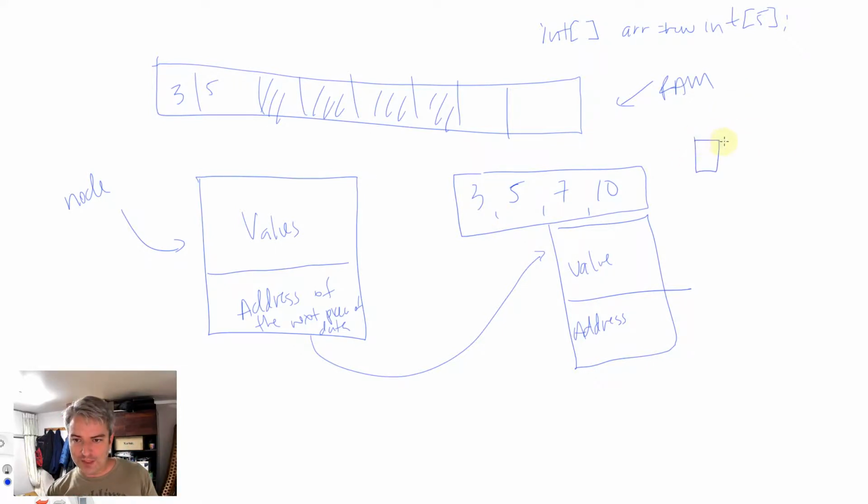So instead of having this fixed length, we can use nodes to create new data structures where we'll have one that links off to another part, and we can mess around with these addresses and values.